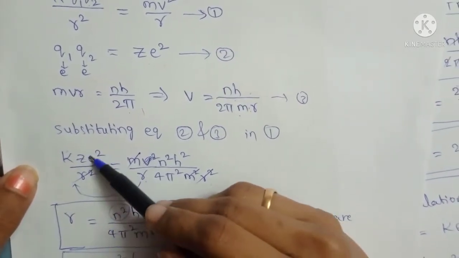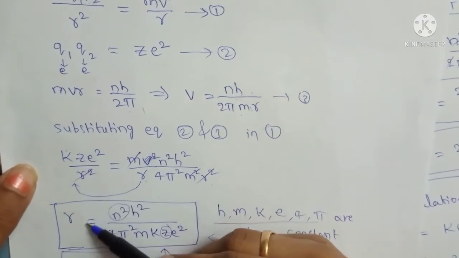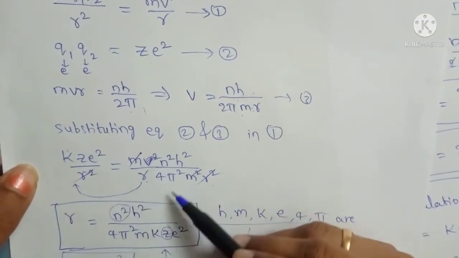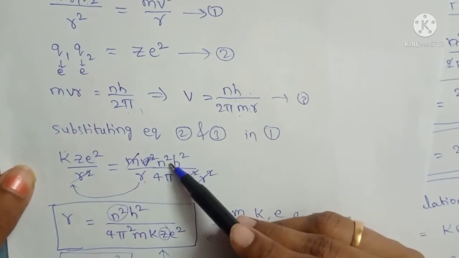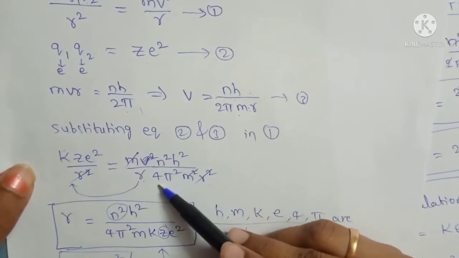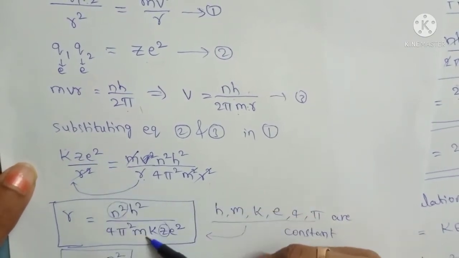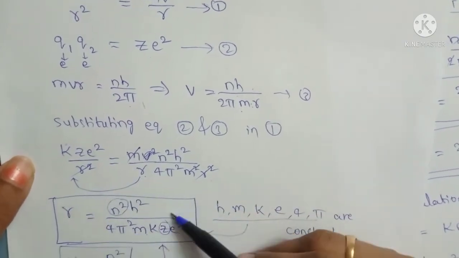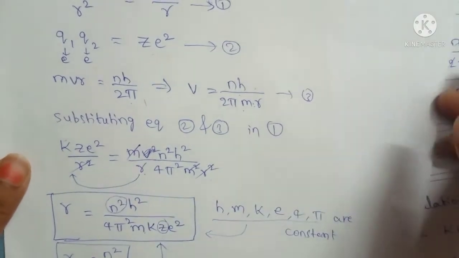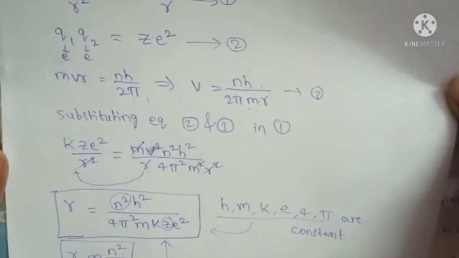R will go to this side, and it becomes r equals n square h square by 4 pi square m k Z e square. This is the equation for the radius of Bohr's orbit.